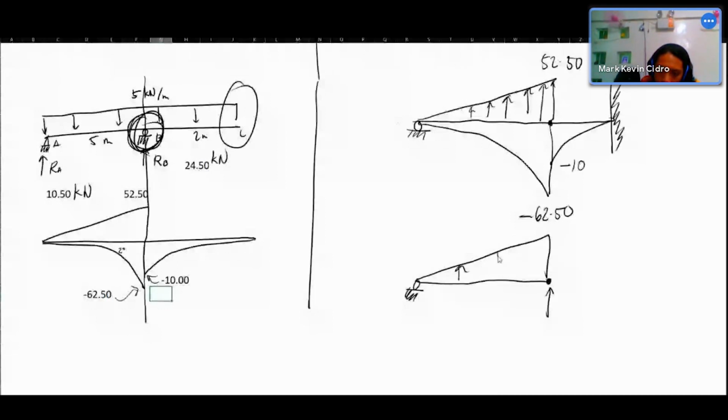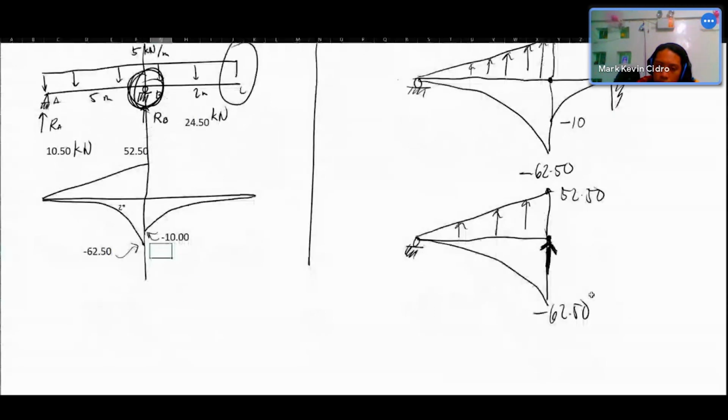I am only assuming that what happens here is upward, and later we will check if my assumption is correct. We solve for all the forces. This is negative 62.50, and this one right here is 52.5.